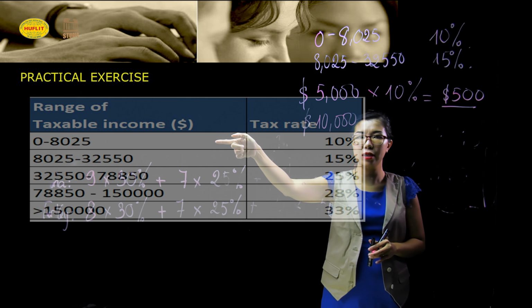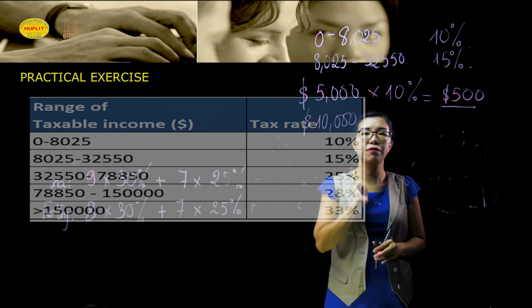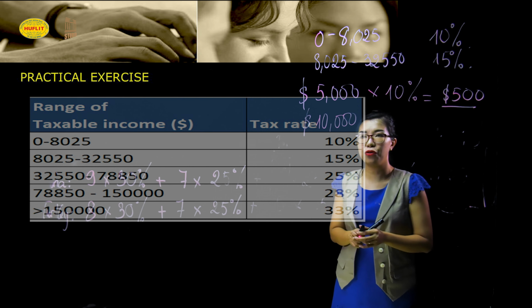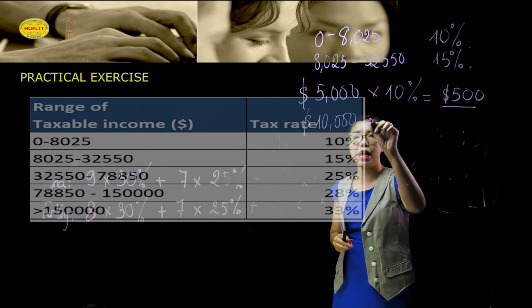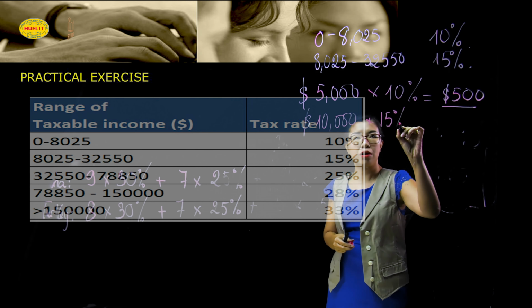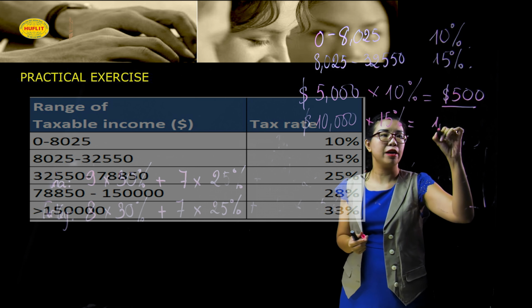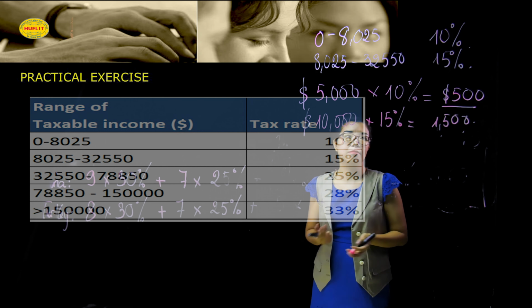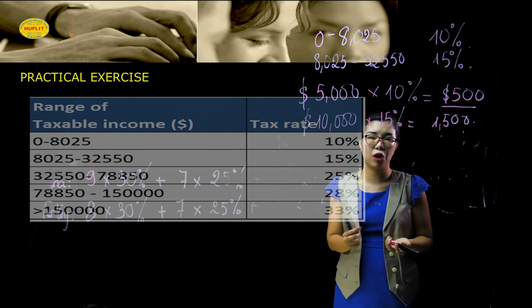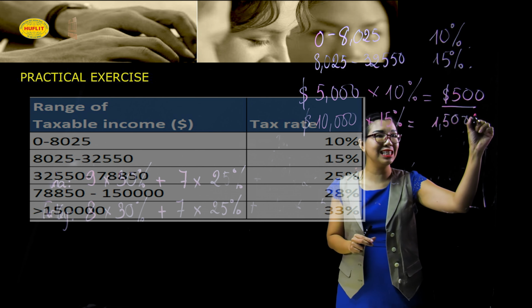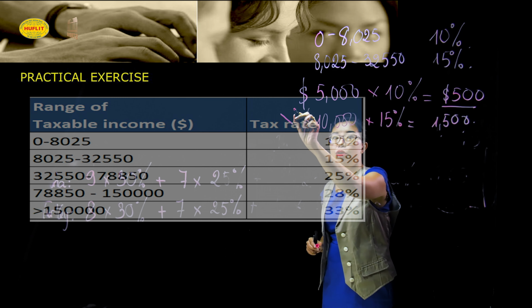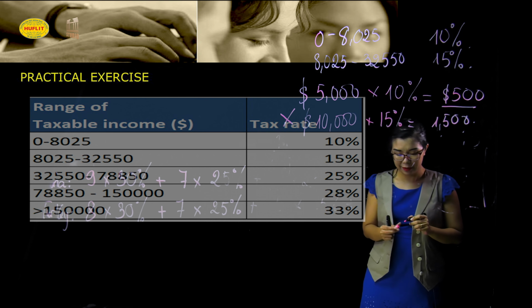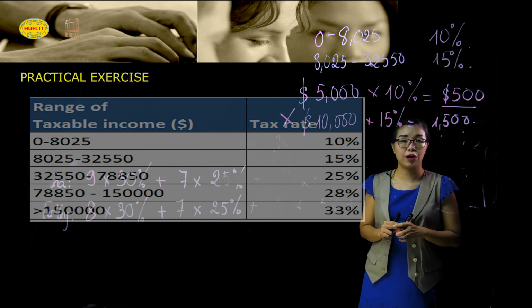That's going to be the 15% tax rate. So you think, oh, $10,000 times 15%, so I'm going to pay $1,500 to the government. But this is a wrong answer. That is not the money that you need to pay to the government.